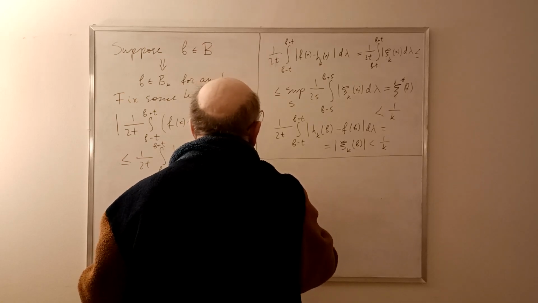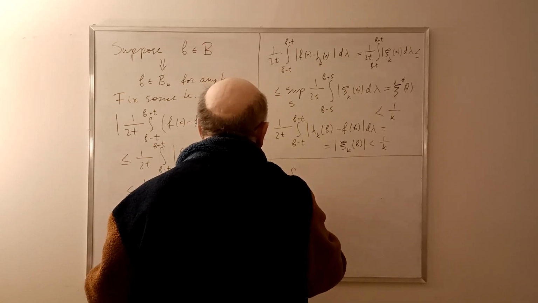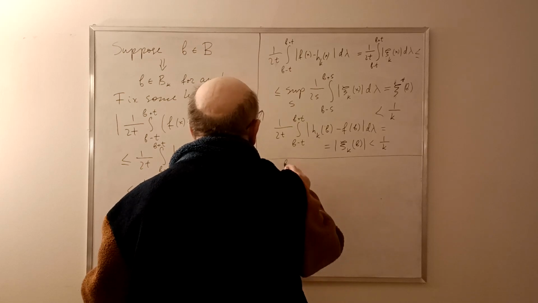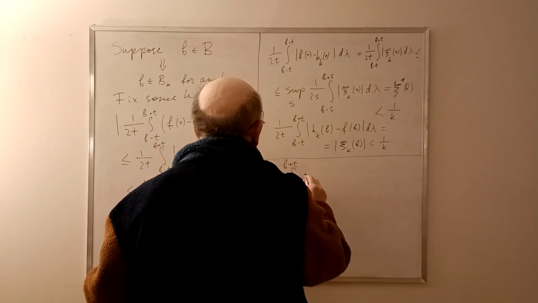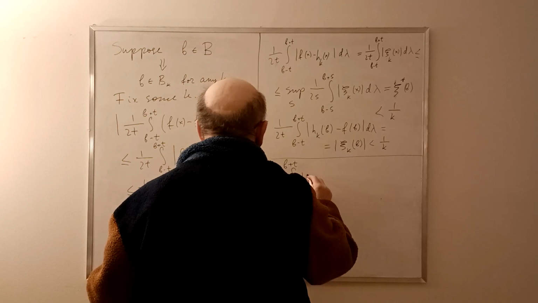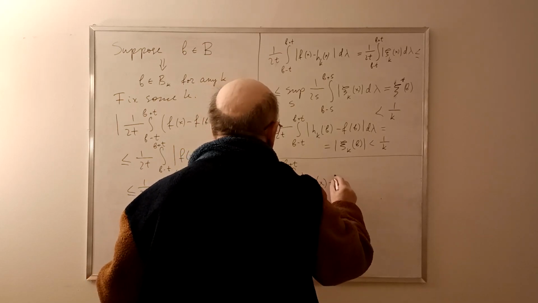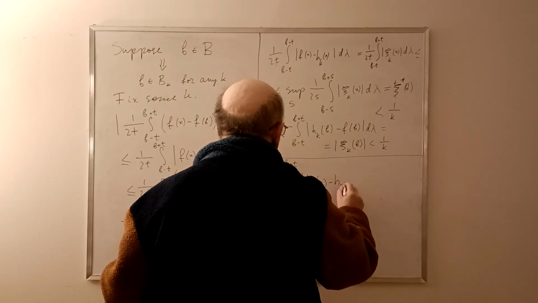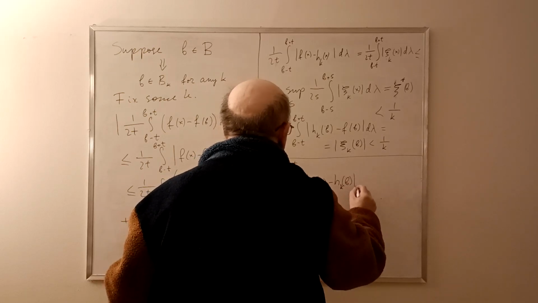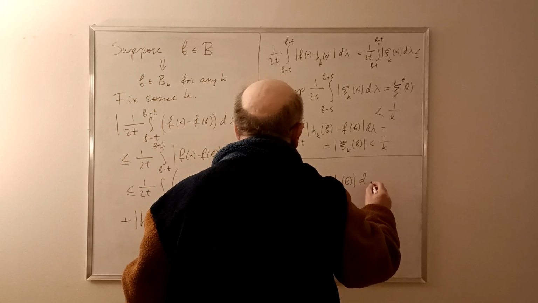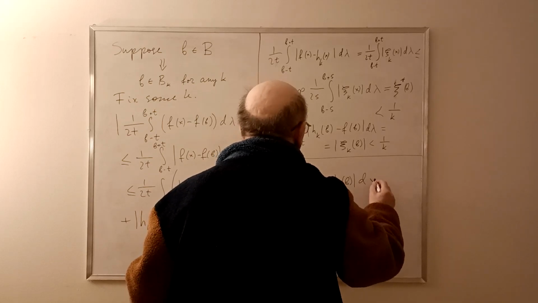1 over 2t integral from b minus t to b plus t, hk of x minus hk of b, dx.